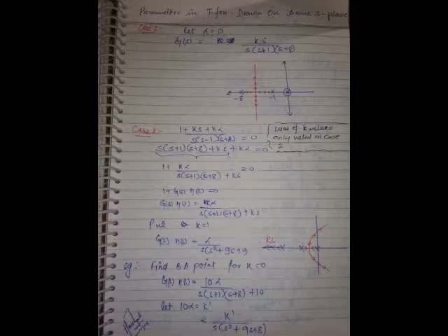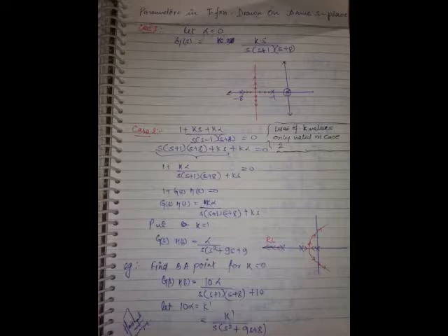The procedure for drawing root contours is to take one parameter at a time. Case 1, if you are drawing with respect to k, that means we are not varying alpha. Alpha equal to 0, what does that mean? We are not varying alpha. G of s will become k into s by s into s plus 1 into s plus 8.